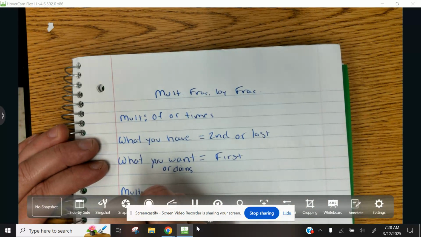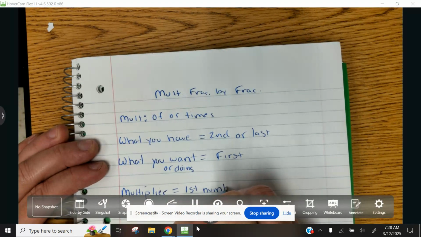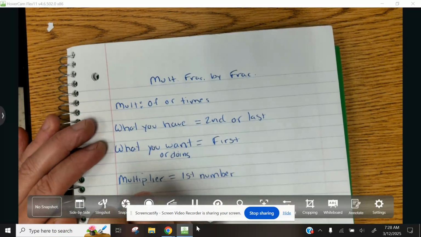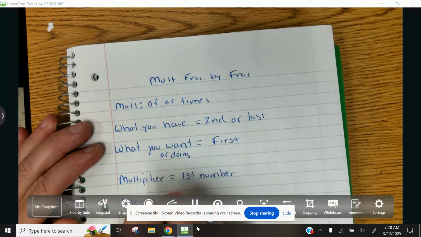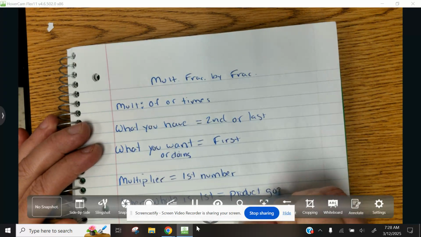Multiplier equals first number. When whole is first, product goes up.